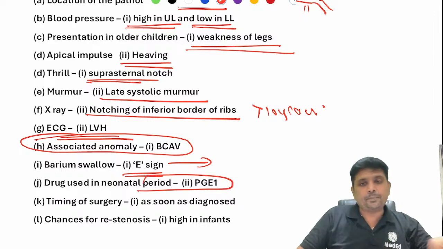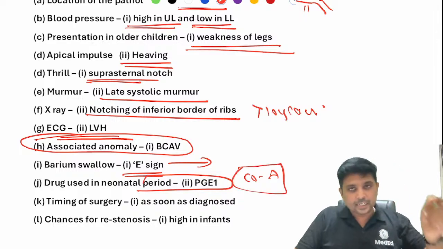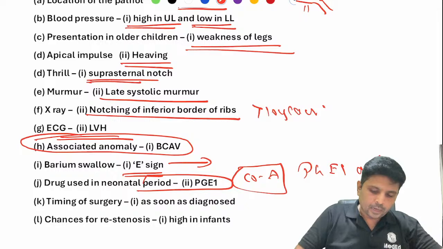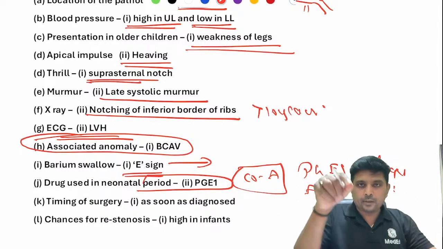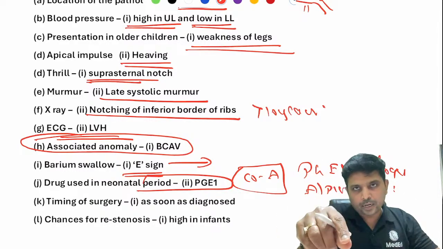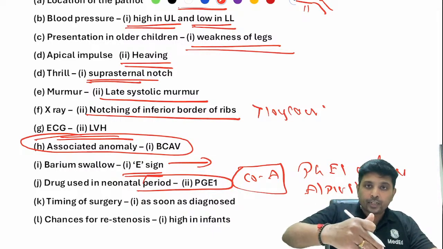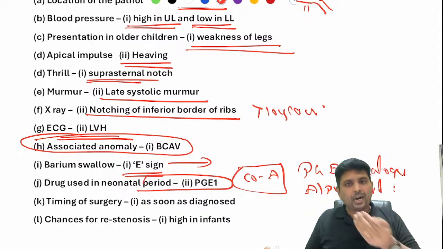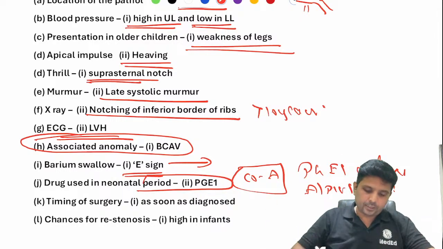Remember, in many duct-dependent lesions, for example in coarctation of aorta, whenever any child presents with shock, you can use prostaglandin E1 analog, alprostadil. Why? Because when a child presents with shock because of severe coarctation, when you give prostaglandin E1 analog, the blood will be diverted from the pre-stenotic segment across the duct into the pulmonary artery, so that it will be helpful to reach the other parts through the intercostal arteries.